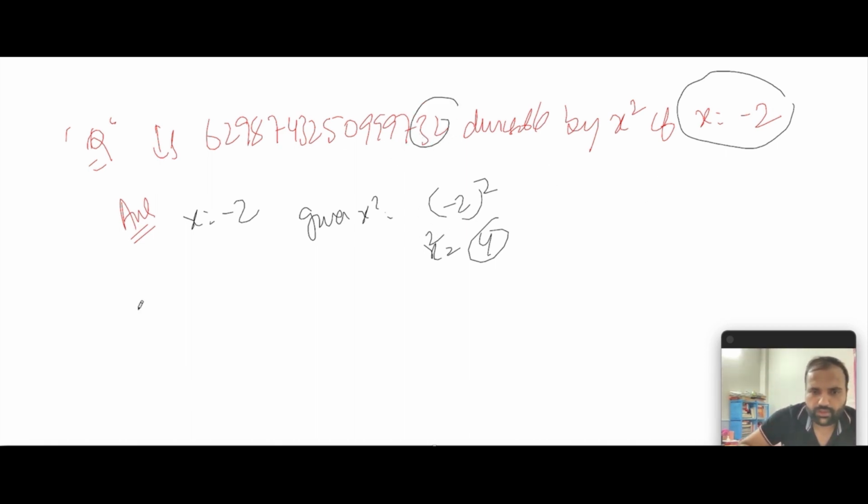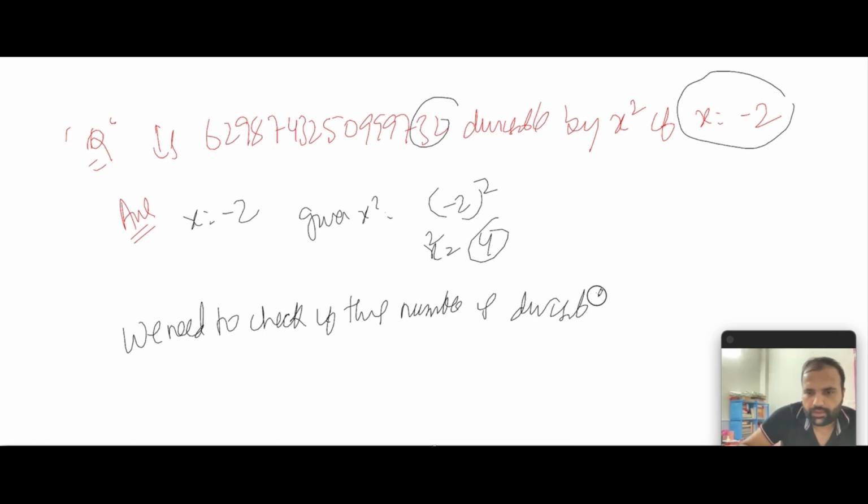So we need to check if this number is divisible by 4 or not. What we do over here, it doesn't matter how long this number is. That's why I purposely gave this long number.